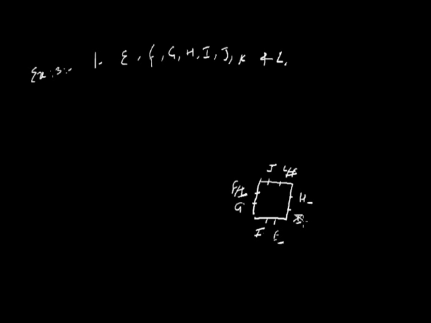L is a male member seated opposite to E, and there is a lady member between F and I. If F is here, I is here, then this person should be female. Now one person is remaining, and because the position of J is fixed, the position of F is fixed.